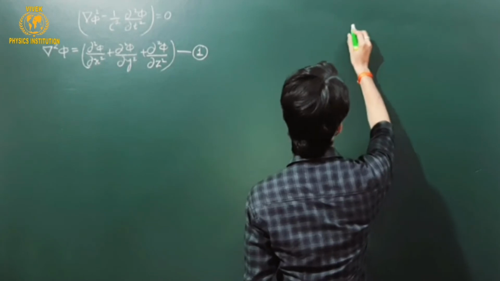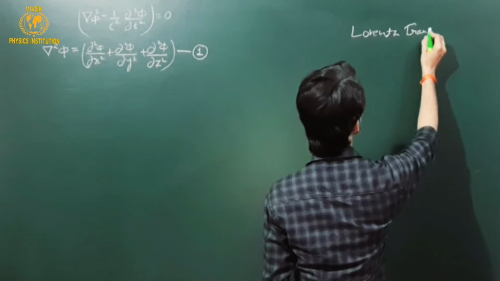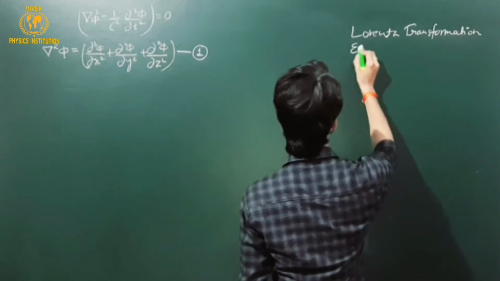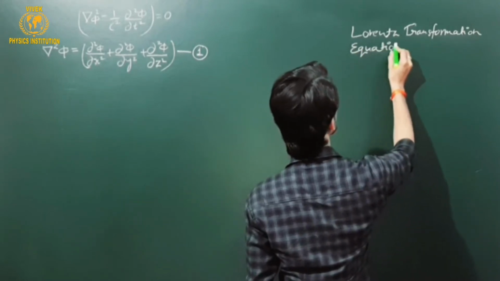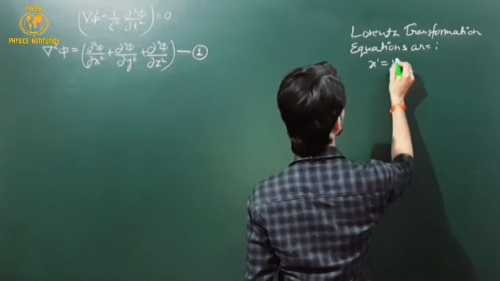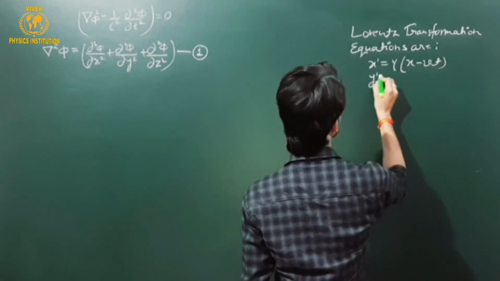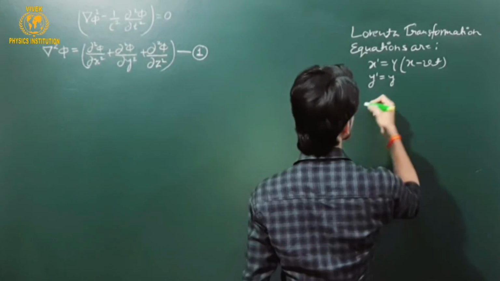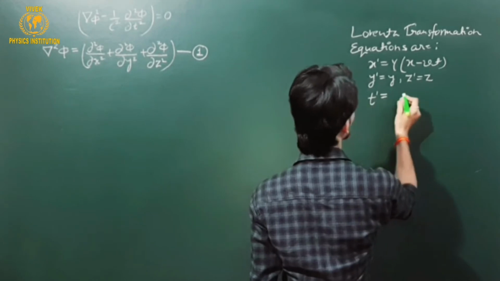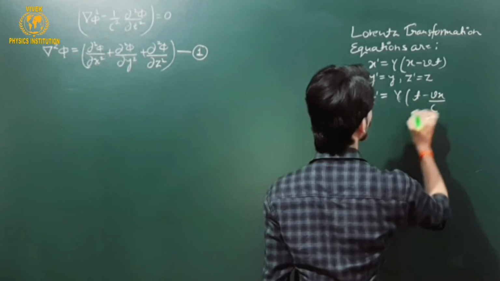So the Lorentz transformation equations are x dash equals gamma times (x minus vt), y dash equals y, z dash equals z, and t dash equals gamma times (t minus vx upon c square).